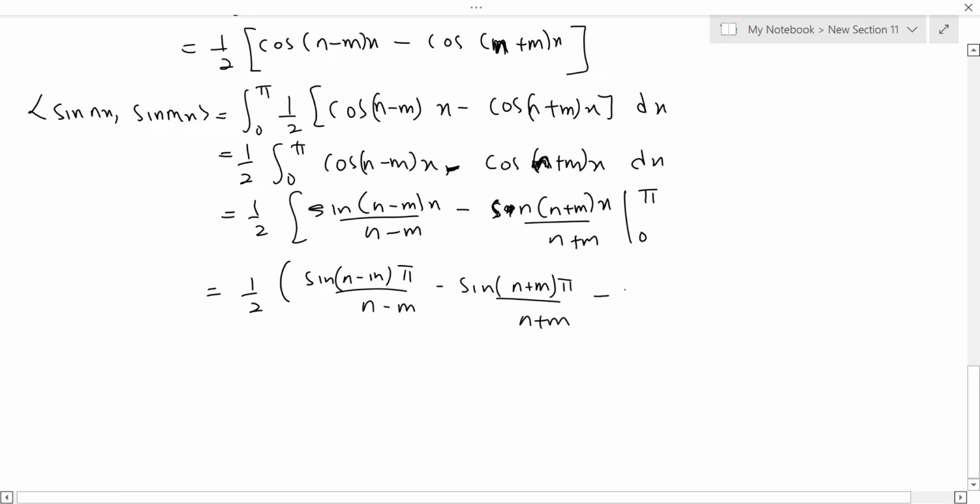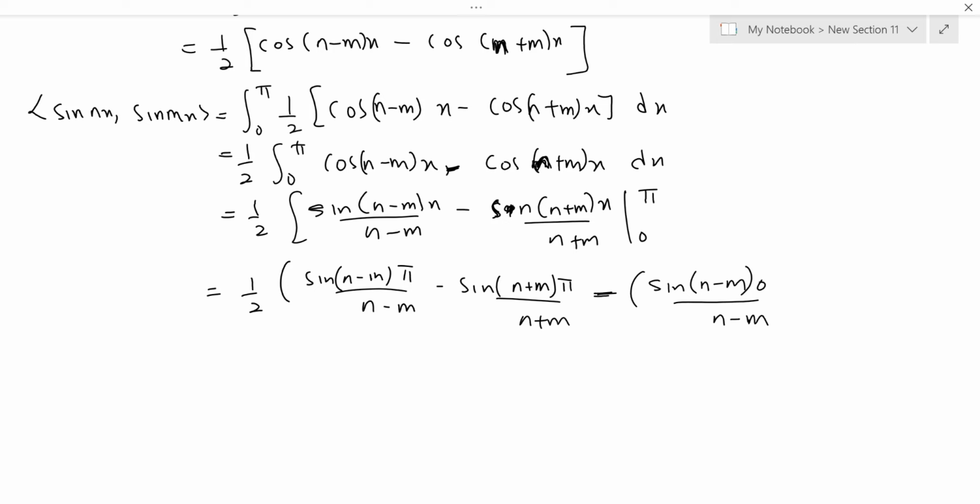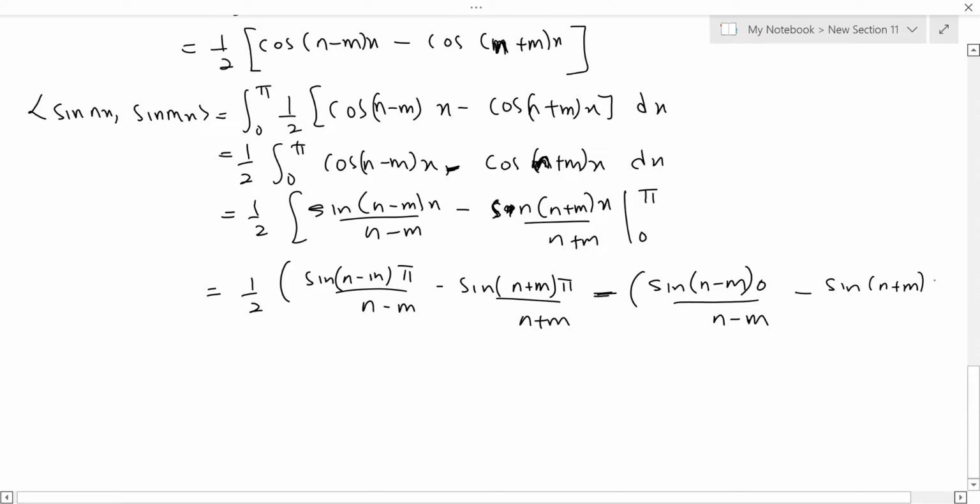Then you subtract the value at 0. Sine of (n minus m) times 0 is actually 0, so there's no need to write it, but let's just write it for formalities. We have (n plus m) times 0 over n plus m, and this is positive. All of it is affected by the 1 over 2 outside.